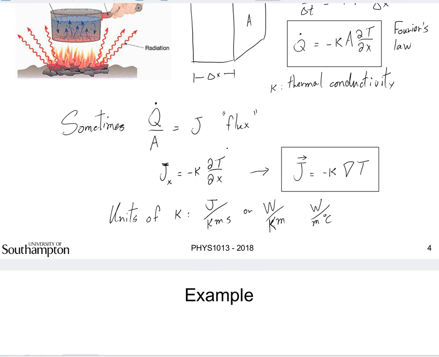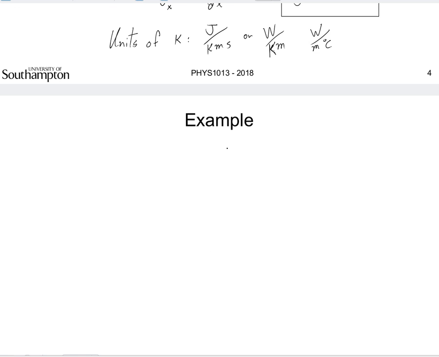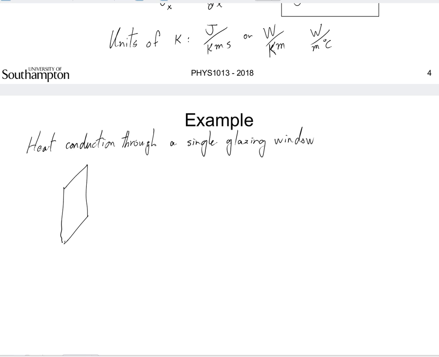Okay, should we do right away an example of how to apply this equation? We're going to do it on heat conduction through a single glazing window. So we set this up by having a model of a window.